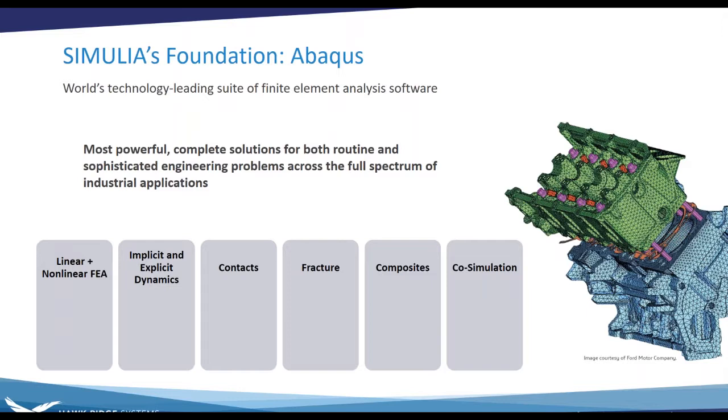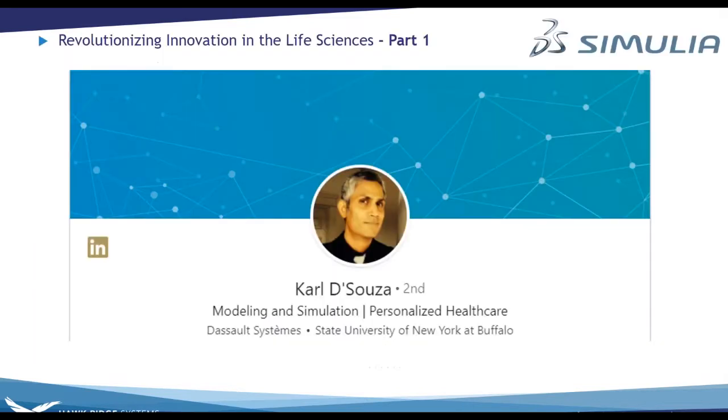It's very well known for having both implicit and explicit solving capabilities, a very robust contact capability, and the capability to handle fracture, composites, and co-simulation. And certainly when you're in the life sciences field, there are going to be situations where co-simulation is going to be required. With that, I'm going to introduce Karl, who works on the life sciences group in modeling and simulation for personalized healthcare. So Karl, I'm going to change the presenter to you at this time.